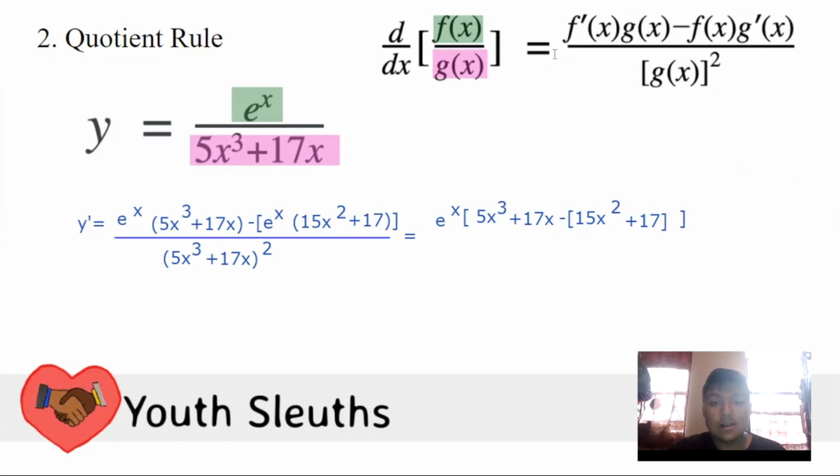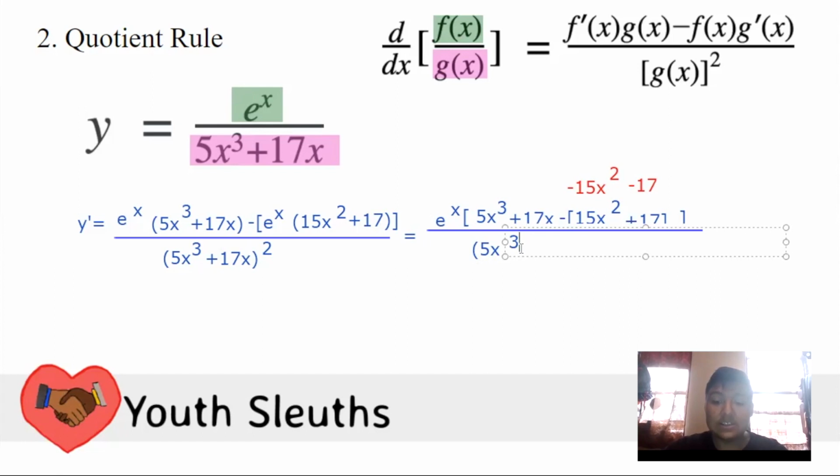So now we'll finally begin to distribute our negative. So up top here, we have that negative 15x squared. We distribute the negative to the 17, so that it would be negative 17. And we shouldn't forget, we also need to bring our denominator because that doesn't change.